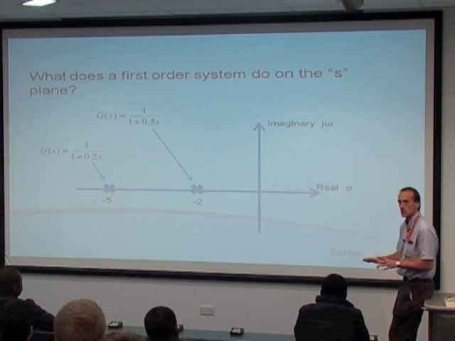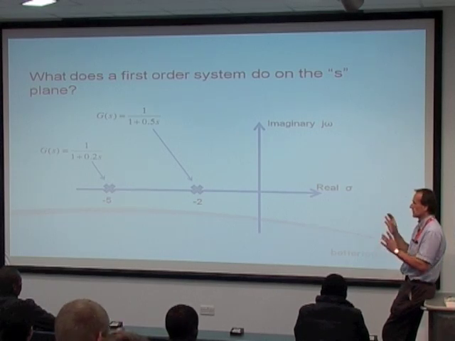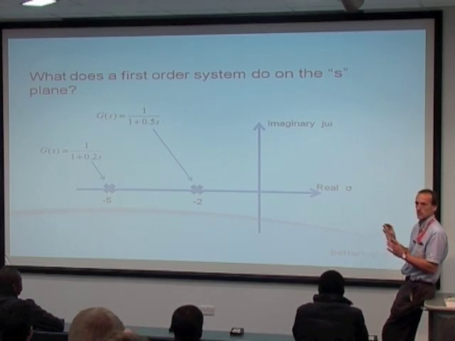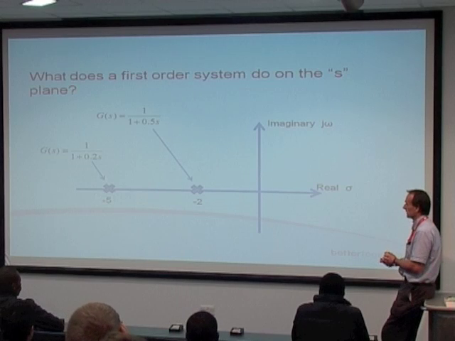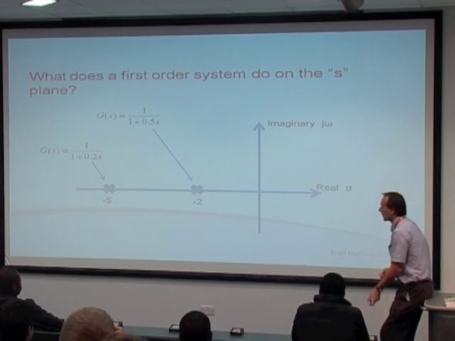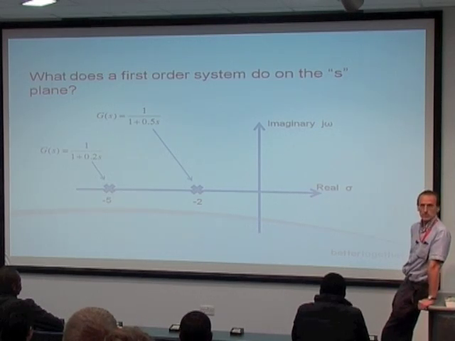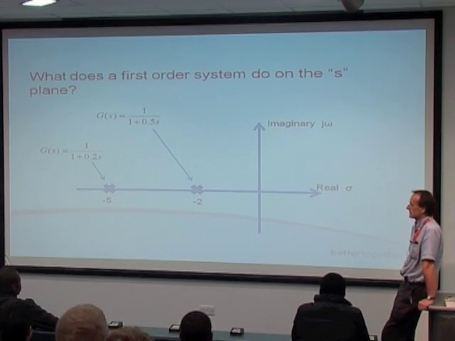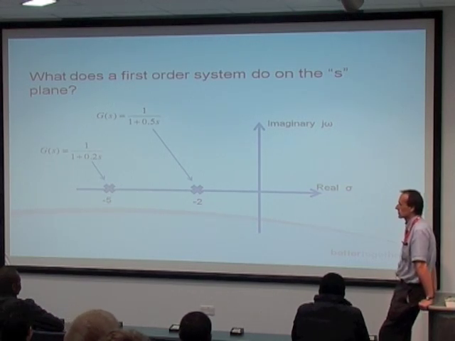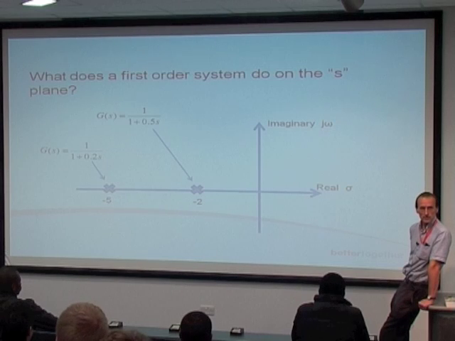Let's just make sure that we understand when we see a pole position on this plot what it means. Which one of those two systems has got the faster response? Or putting it another way, which has got the shorter time constant?